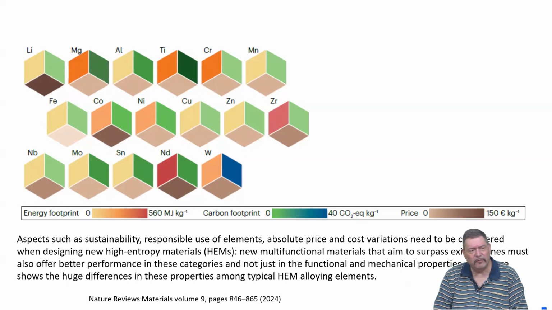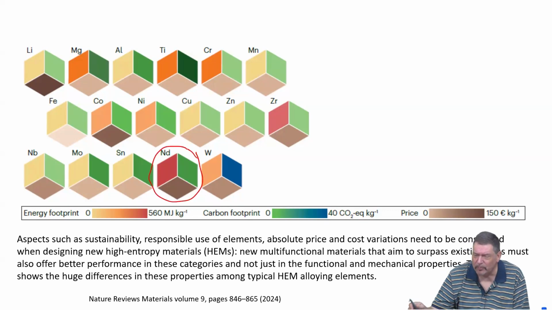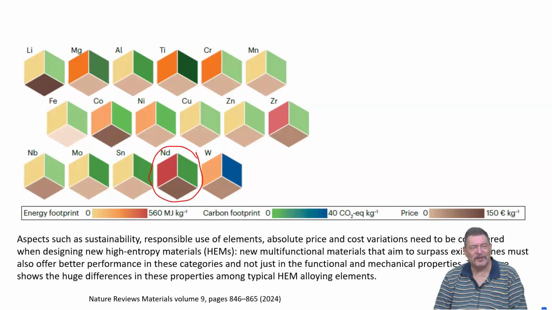It's the carbon footprint, meaning how much CO2 is used or is generated in the making, and also the price per kg. And you can see that there are some materials which do not perform very well. So this is something which one really needs to think about in terms of sustainability, right?